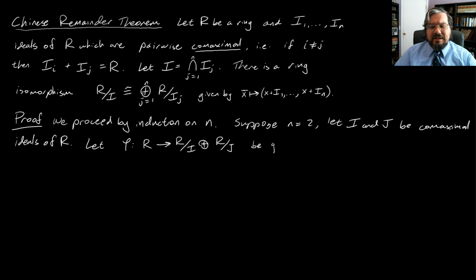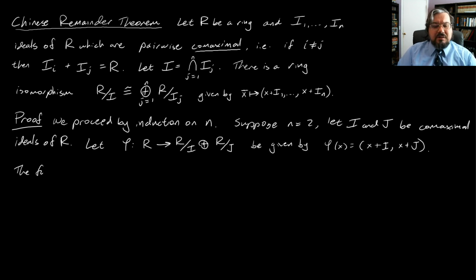So let's let this be given by phi of x is x plus I, x plus J, as in the statement of the theorem. Now, the function phi is easily seen to be a ring homomorphism.